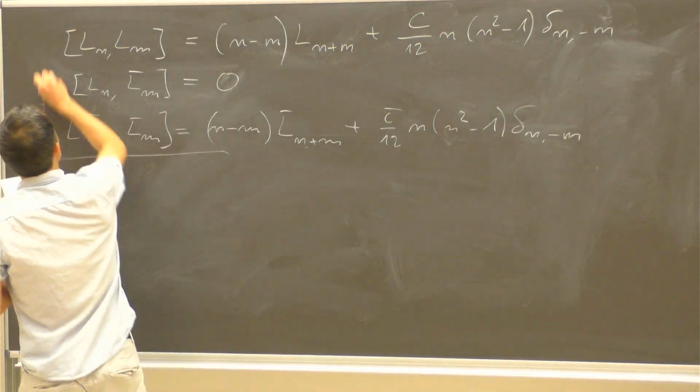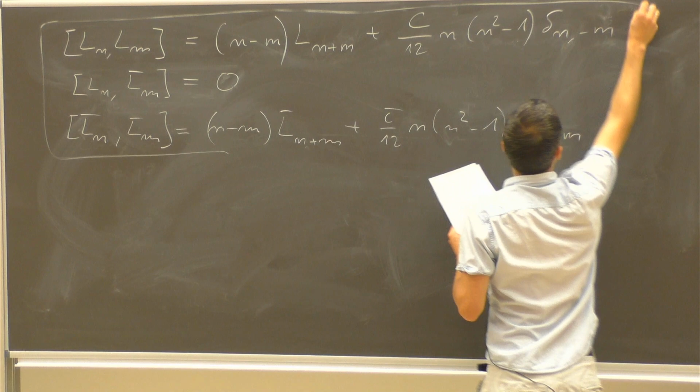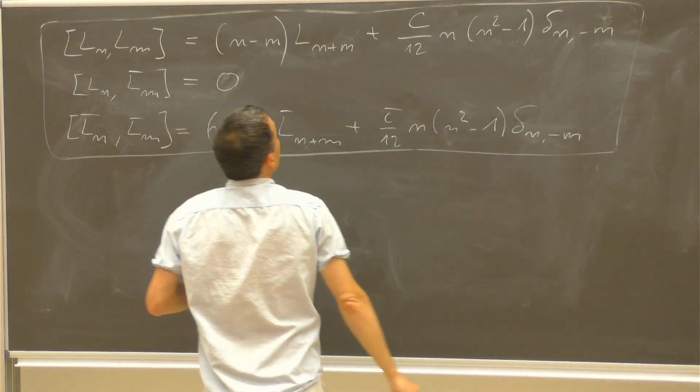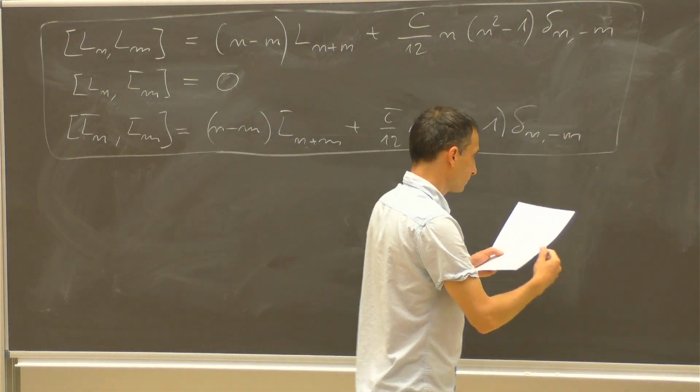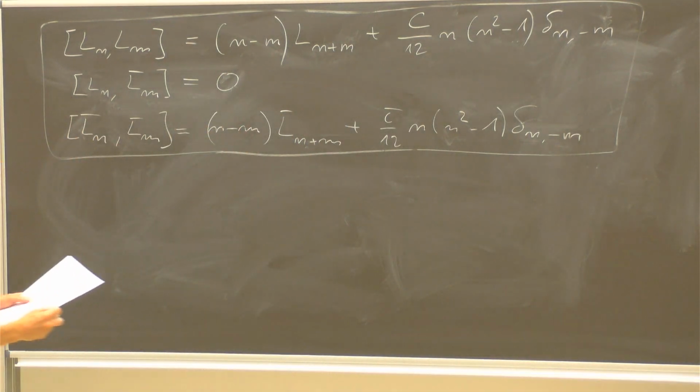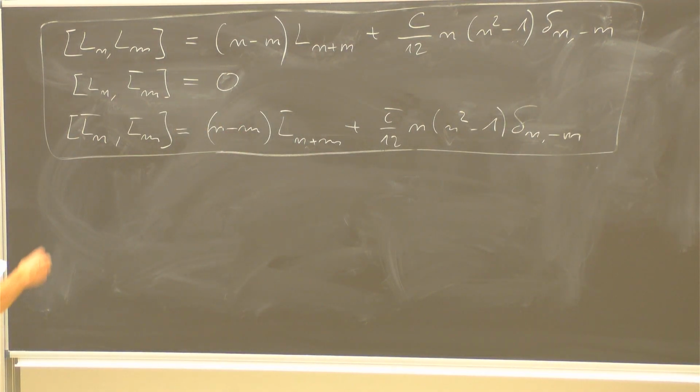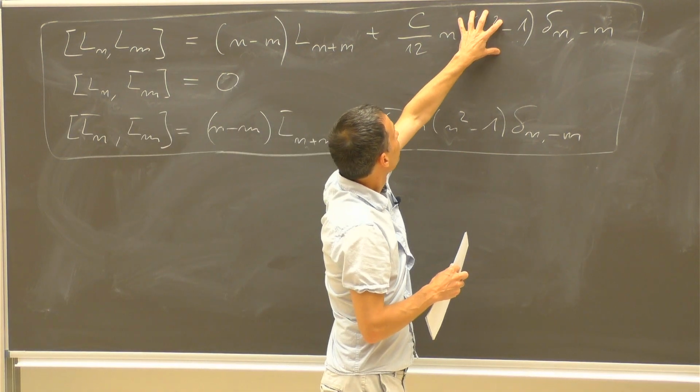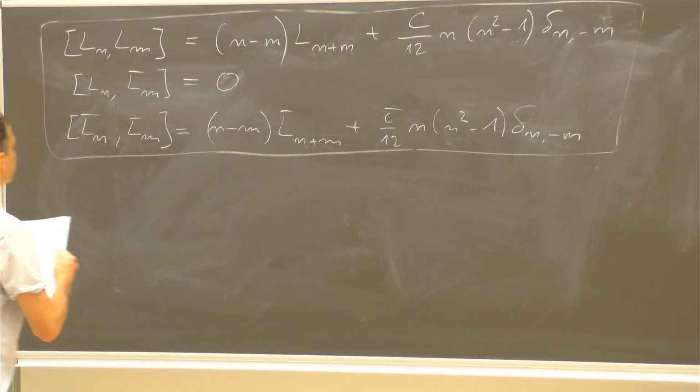Okay, so this is what is called the Virasoro algebra. And you see that it looks like the deformation of the Witt algebra, which appeared in the first lecture, by this extra term, which is just a constant.